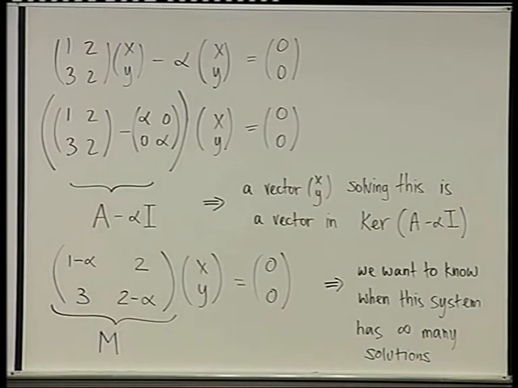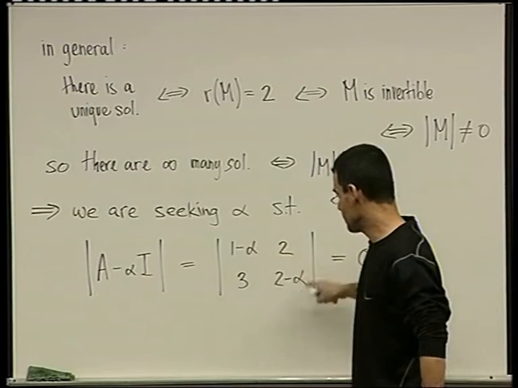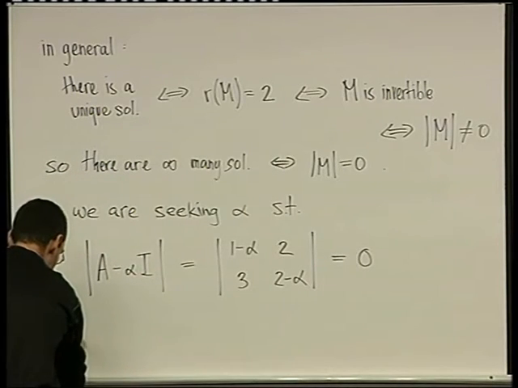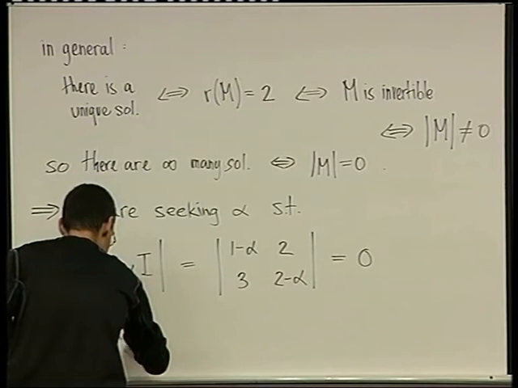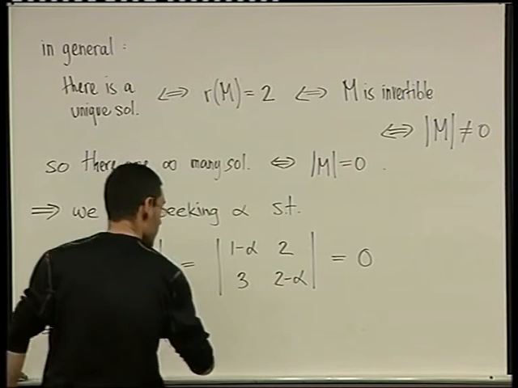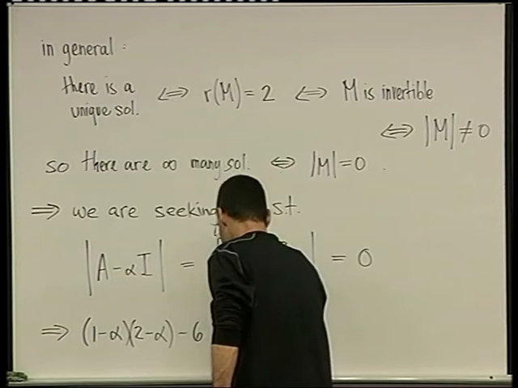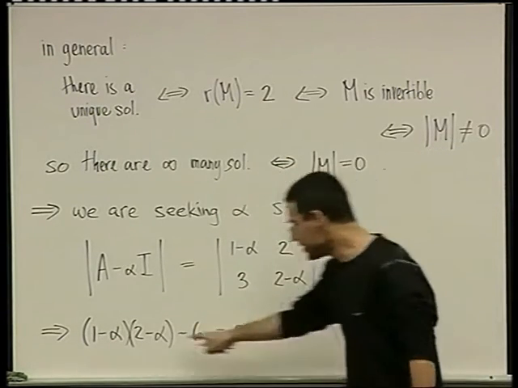We want to know, when is the determinant of this matrix 0? What's the determinant of this matrix? We want to find 1 minus alpha times 2 minus alpha minus 6 equals 0. We want to solve this. We want to find alphas that solve this. What is this thing?